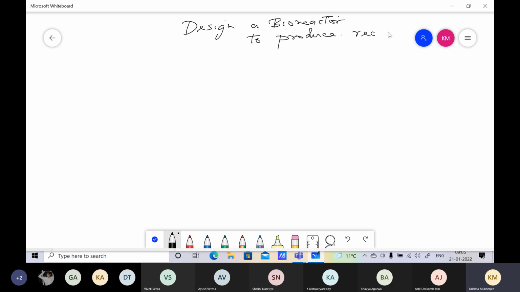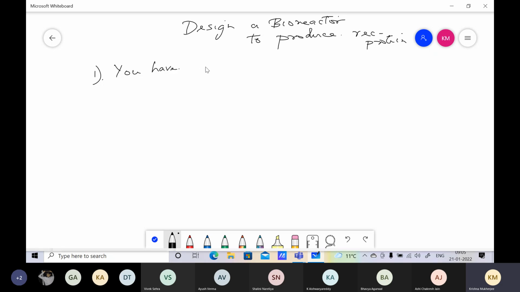So, to produce recombinant protein. Now, what was the question? Let me give the question first, and then we will talk about it. Here's the question. You have a clone.